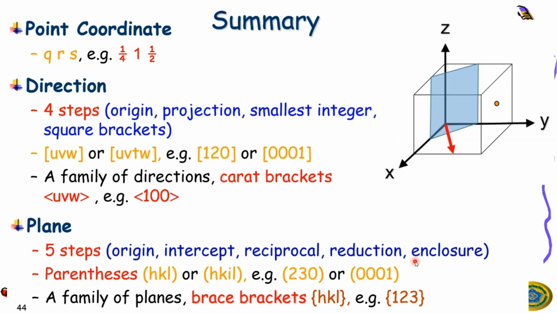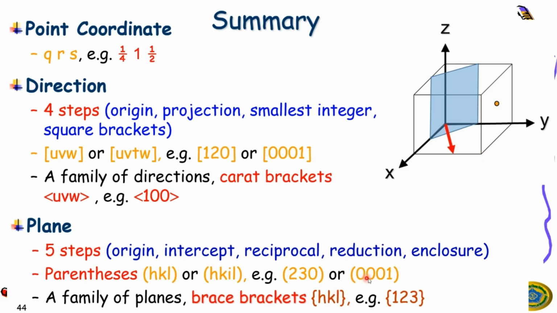And then you do the enclosure. Enclosure means you put the 3 numbers in parentheses. Okay? For example, parentheses 230 will represent a plane in this unit cell.